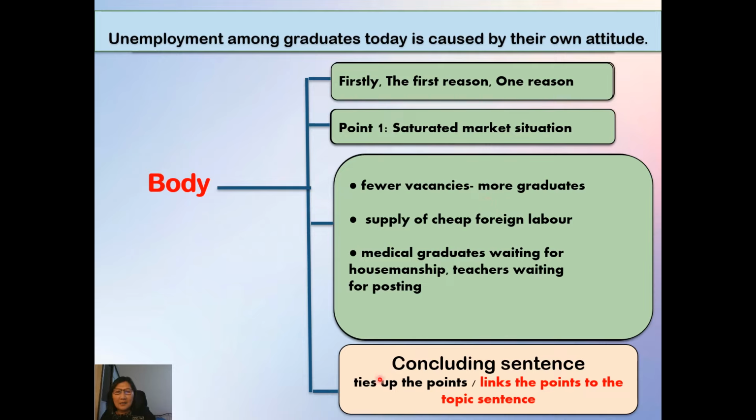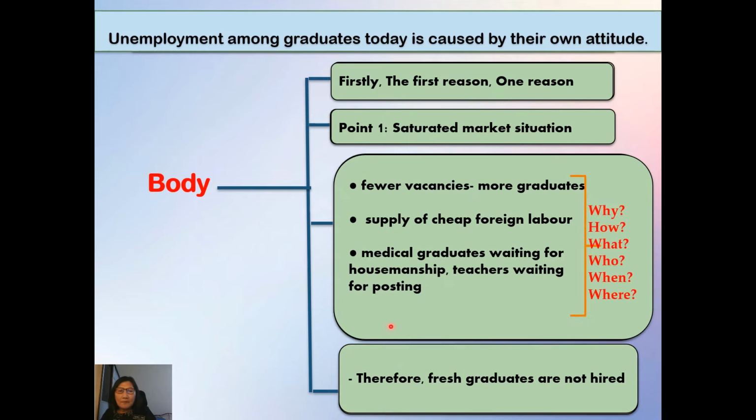And lastly, we put in the concluding sentence to tie up the discussion here. So therefore, fresh graduates are not hired. So in order for you to develop your ideas here, you can use the guide questions that I mentioned earlier on.